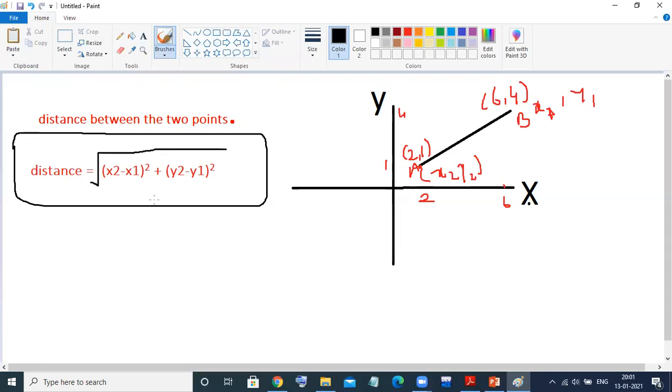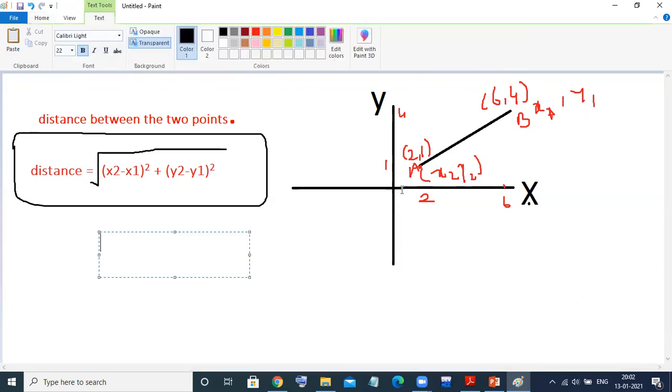Once you know the points and once you know the formula, it's easy to find the distance here. Suppose we put the values: what is my x2 here? x2 is 2. So things would be like this: 2 minus x1, which is 6, square, then plus, then again a bracket: the value 1 minus the value 4, again square.